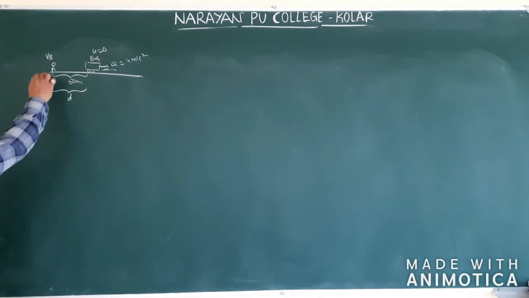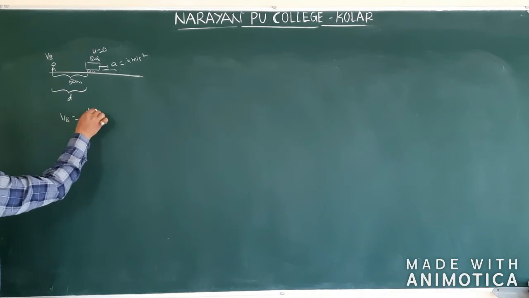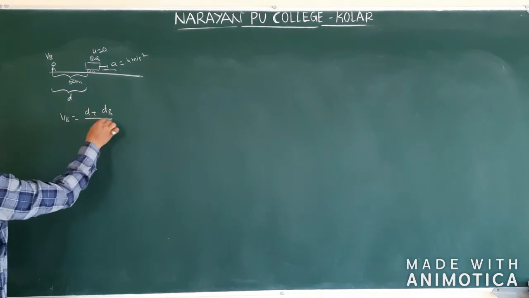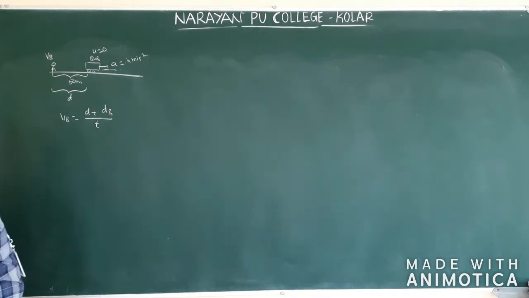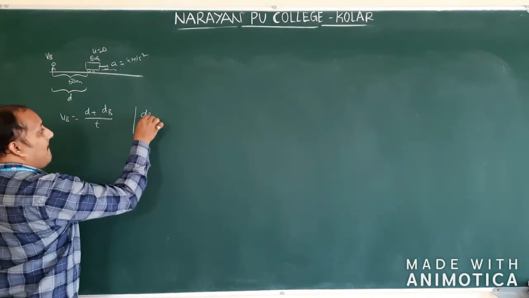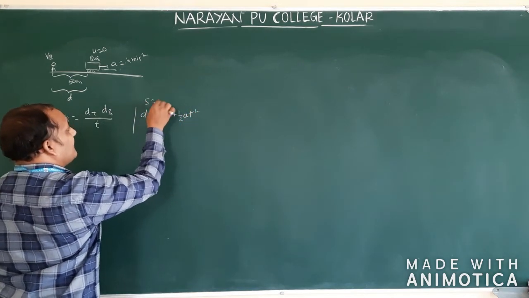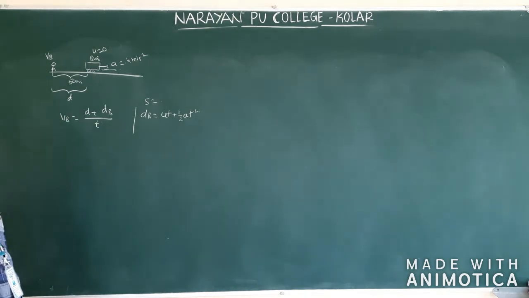Therefore, the distance of the boy is equal to this distance plus the distance covered by the bus in some amount of time t. Now the distance covered by the bus is S equal to ut plus half at square.